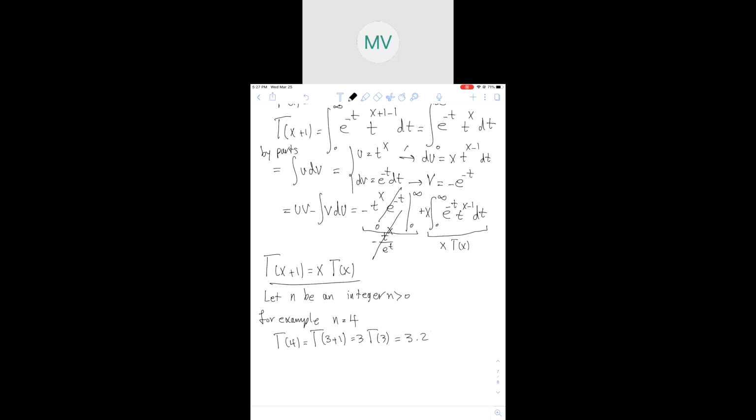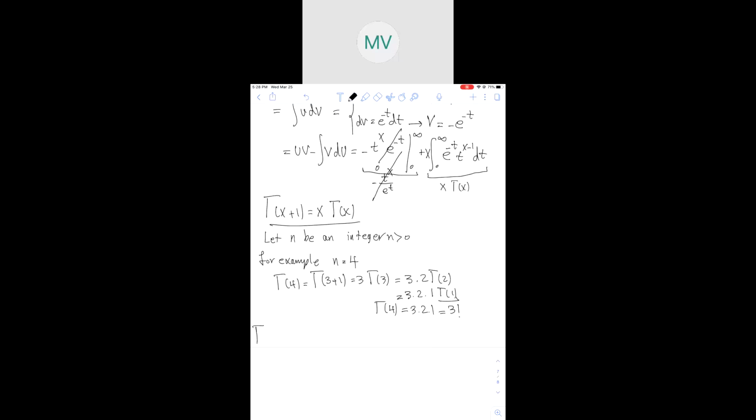Gamma 3 itself is 2 gamma 2. Gamma 2 is 1 gamma 1. But we already found gamma 1, so that's a nice thing about it. So this is 3 times 2 times 1, which is 3 factorial. So gamma of 4 is one less number factorial.